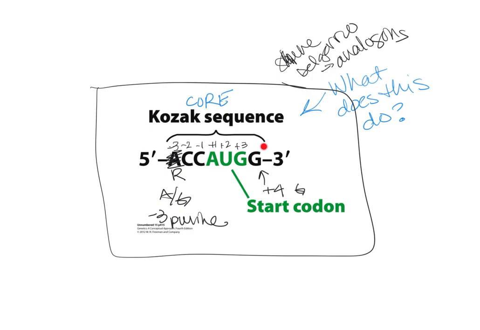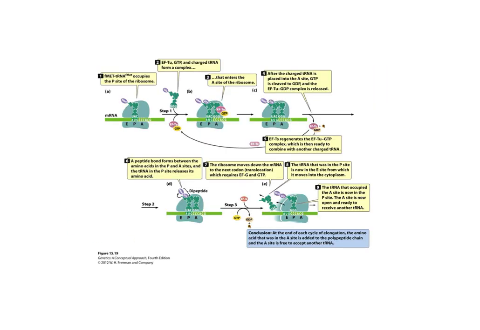So this G is super important. This is position 1, 2, 3. This is -1, -2, -3. This is actually R, which is an A or G. So some kind of purine at -3 is super important for that Kozak sequence, and again, to get that small subunit in there.